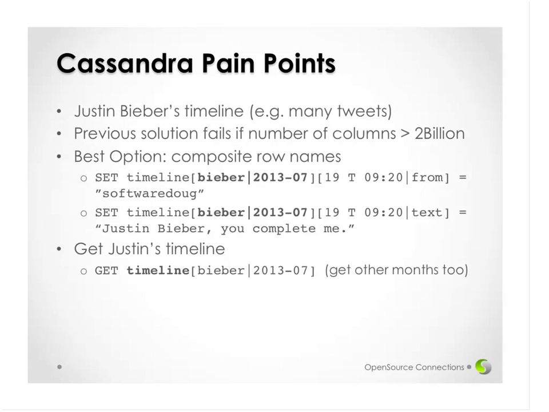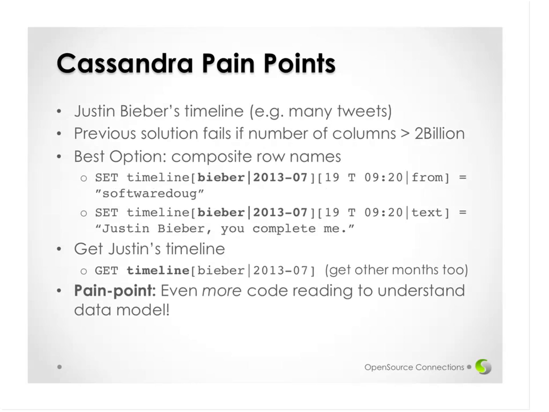If you have really long rows, such as Justin Bieber's timeline, then you might surprise yourself to find out that 2 billion columns is not quite enough. If you happen to be in a situation like that, then you can also use composite rows to chop up columns into something like, in this case, Bieber months. So same pain point, a little bit hard to read, but it does scale well.